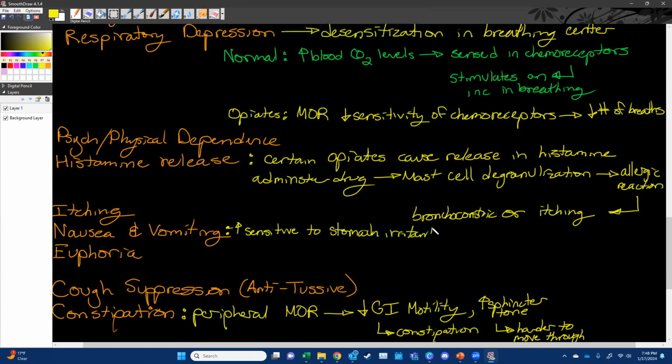These are things like excess mucus, and that's going to cause the stomach to feel queasy, and then you end up feeling really nauseous and throwing up. This is why just eating something can really help with decreasing nausea in this case.